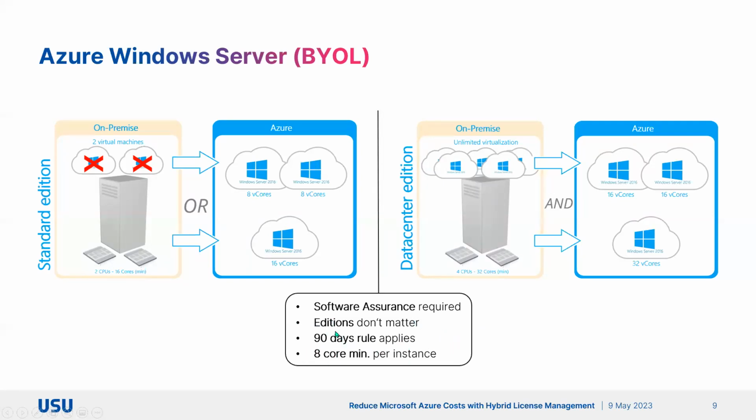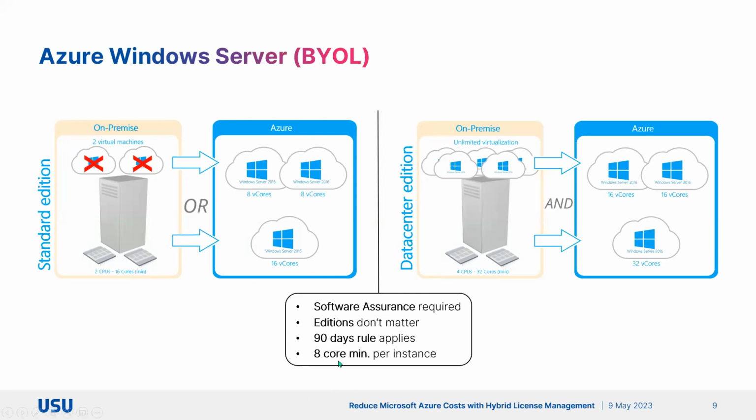And then the 90 days rule needs to be considered. I talked about that. And then also very important, we have an 8-core minimum. Some of you might know an additional rule that has just been removed from the terms. In April, there was a big change of the licensing terms. So last month, and maybe that's new for some of you.